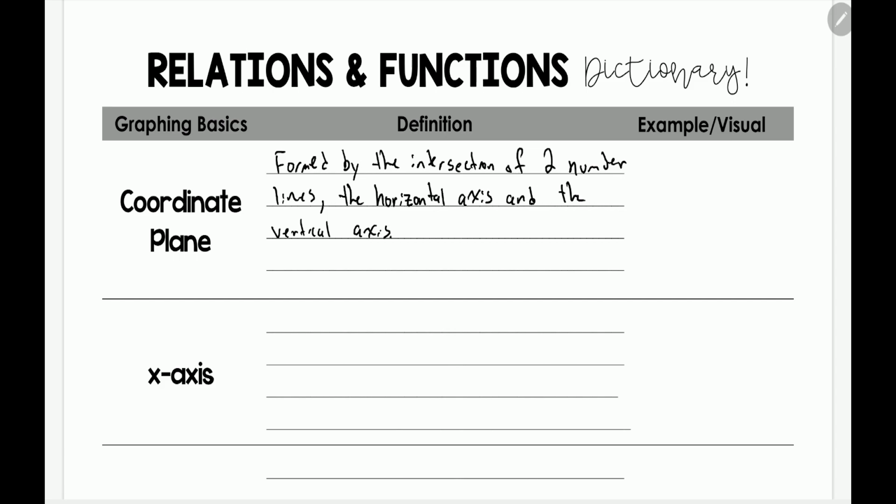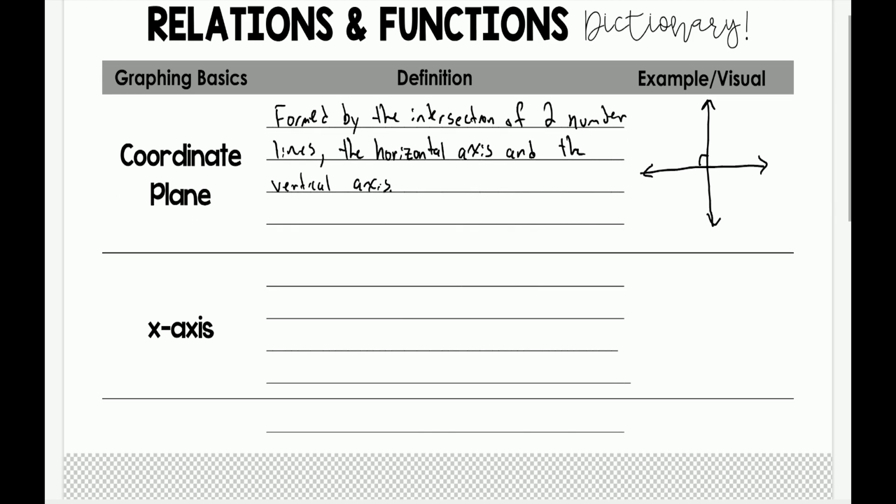Okay, and the picture of that would be this right here, and these cross each other at a 90-degree angle. So we're going to be messing with those a little bit more.